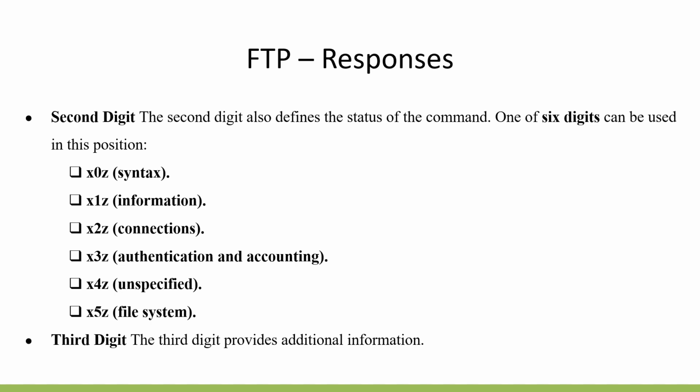The third digit provides additional details about the response, giving more precise information about what occurred during communication. Together, these digits help both the client and the server clearly understand the outcome of each command and take the appropriate next action.